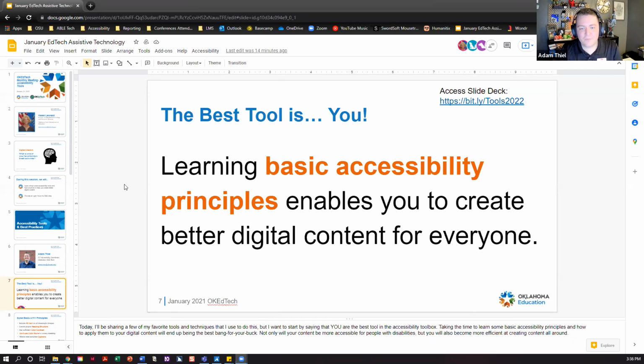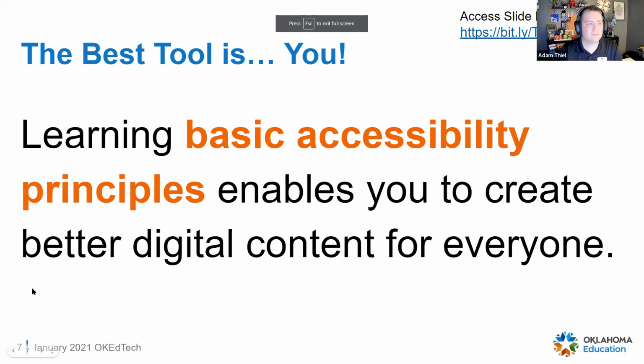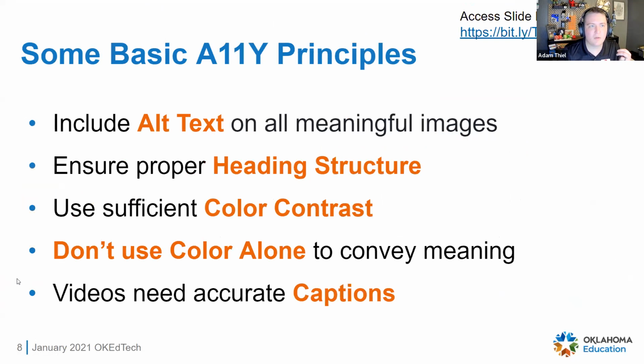Yeah, so like I said, you're really the best tool in the toolbox as far as accessibility goes. Let's go ahead and go to the next slide. Some of the things I'm going to be talking about today are the bullet points on the screen. This is definitely not an exhaustive list by any means.